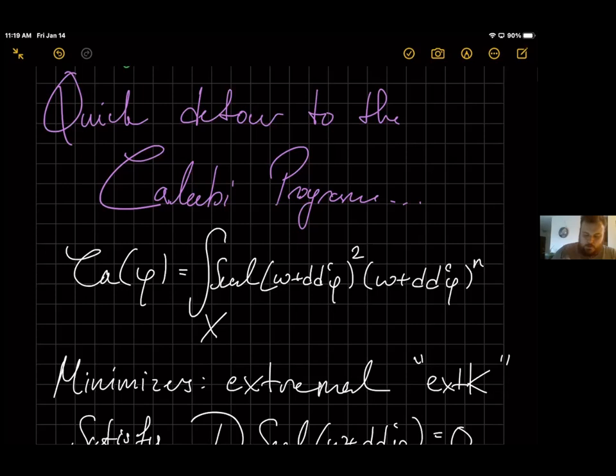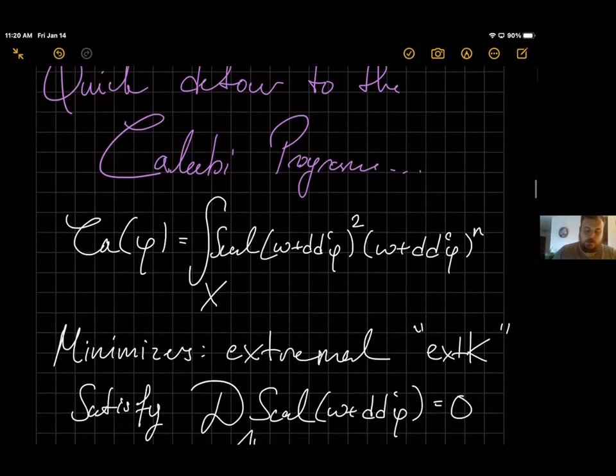One answer is trying to find a Kähler-Einstein metric on a manifold, but there are very strong restrictions on whether or not your manifolds will even admit such a thing, because the first Chern class, or minus the first Chern class, needs to be either 0 or admit a Kähler metric. So Calabi sought to approach this from a different perspective, similar to the Yamabe problem in real Riemannian geometry.